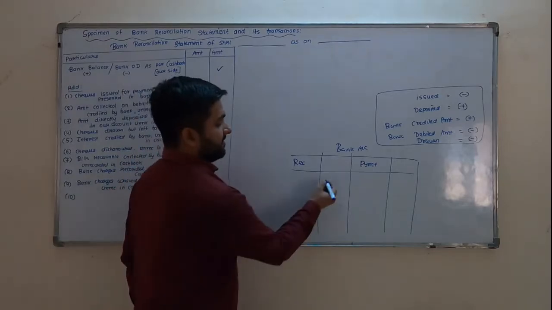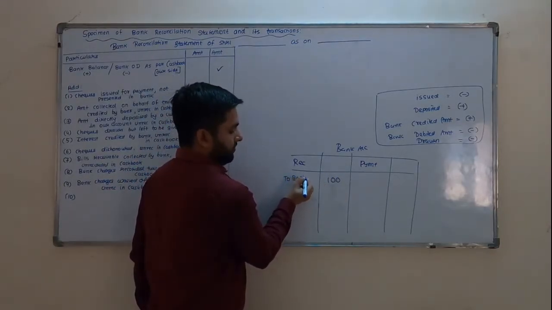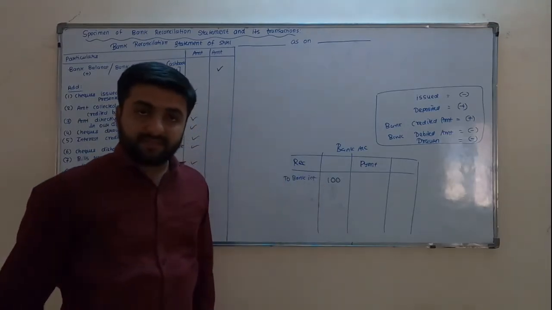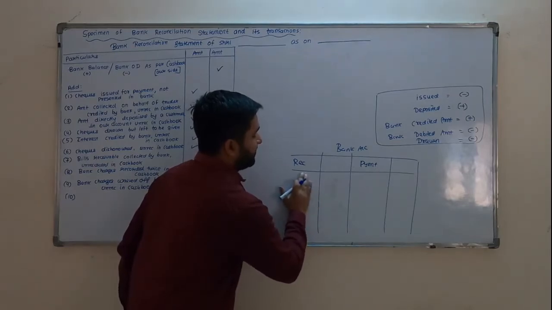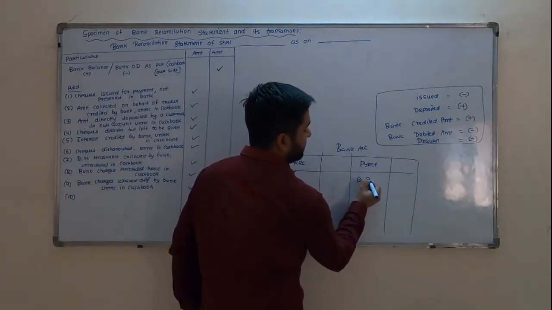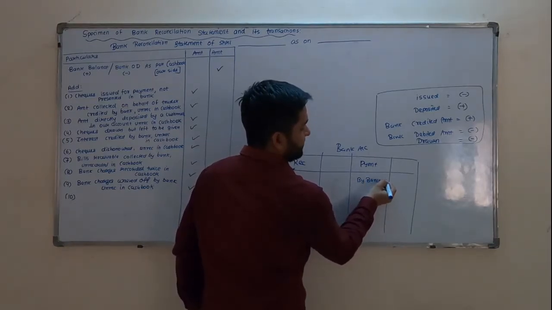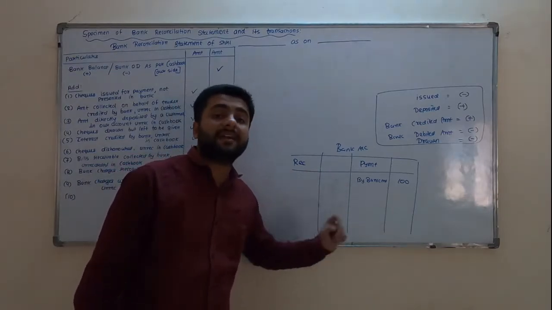Suppose that interest is 100 rupees. So we have to write, to bank interest 100 rupees. This is the correct entry. But what mistake are we doing? We are not writing on the debit side, and by mistake we are showing on the credit side, by bank interest 100. Actually we have to debit, but by mistake we are crediting it.